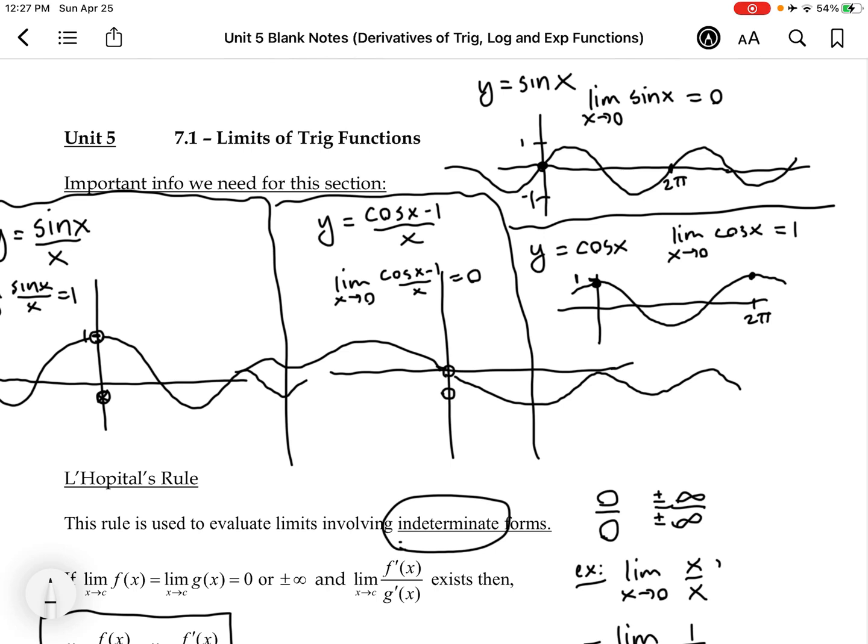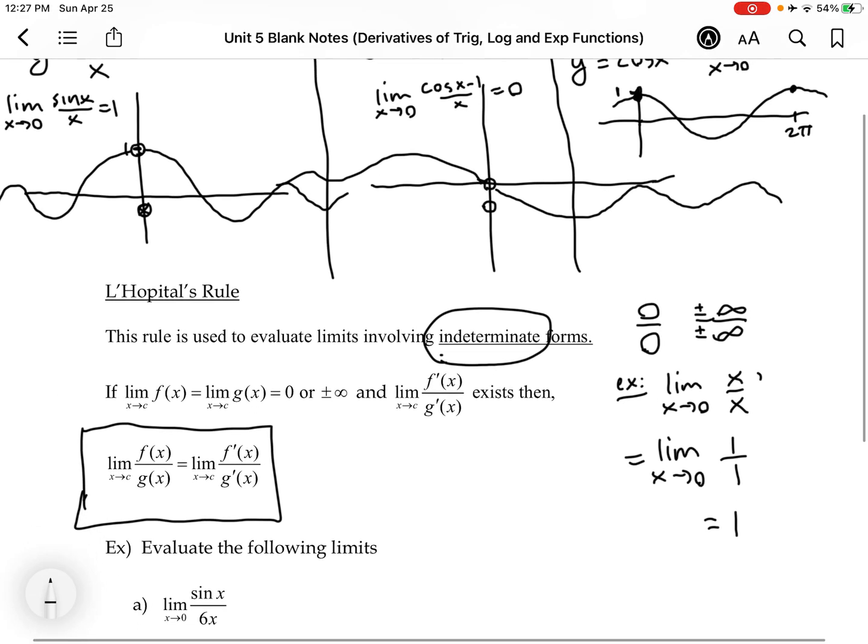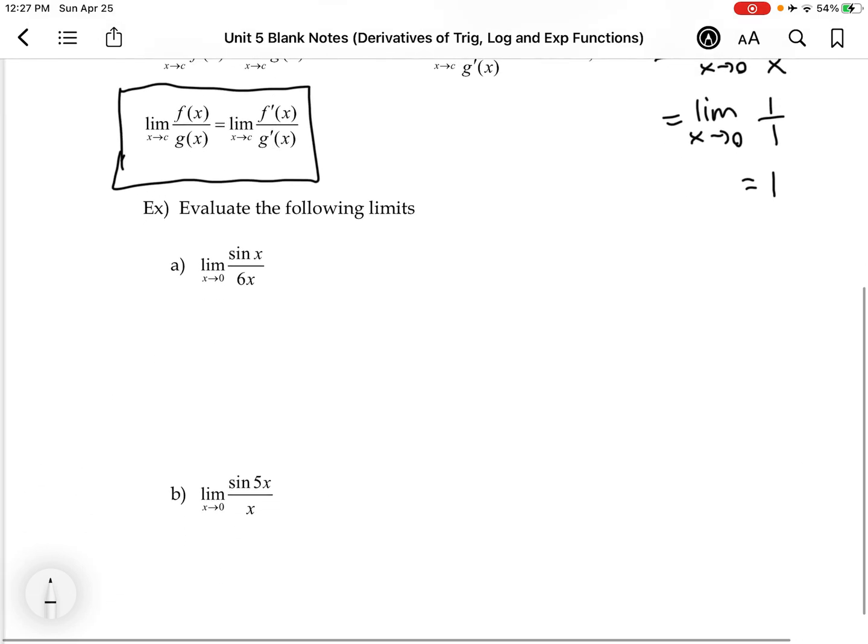The value of cosine x when x equals 0 is 1. When we subtract 1 from it, that's going to make it 0, right? So these functions as x approaches 0 are going to be indeterminates. They're going to be 0 over 0. So we can apply L'Hopital's rule there to figure out their limits as x approaches 0.